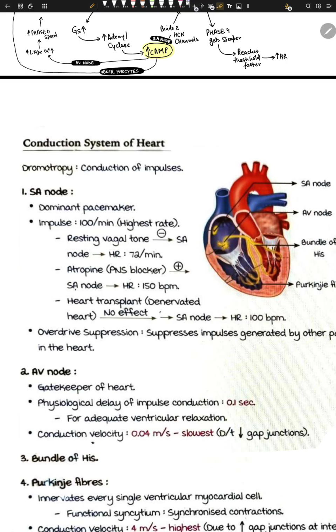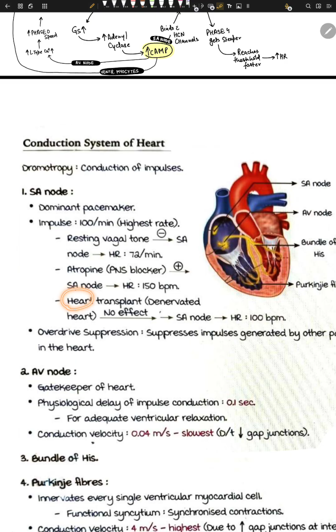Now the SA node fires at 100 BPM, or even faster under sympathetic influence, around 150. So that's why heart rate increases when you give atropine. So atropine is a PNS blocker. PNS means parasympathetic nervous system, and ANS means autonomic nervous system. I hope you know that.